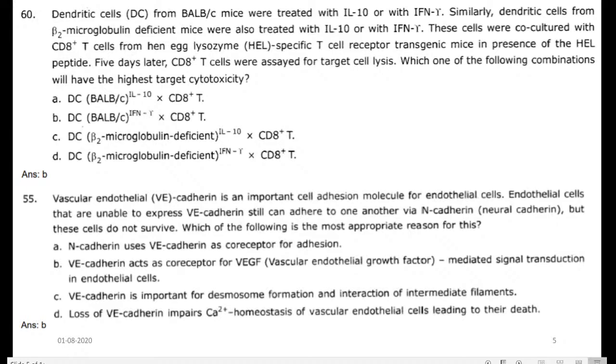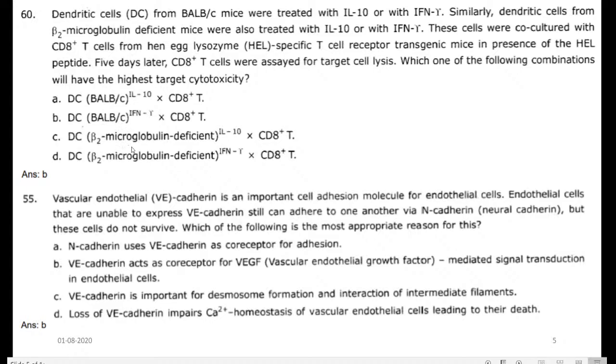So if they mention T cells co-cultured with T cells, the output is interferon gamma and the CD8 plus cells. And one more thing, this BALB/c does not have any deficiency.